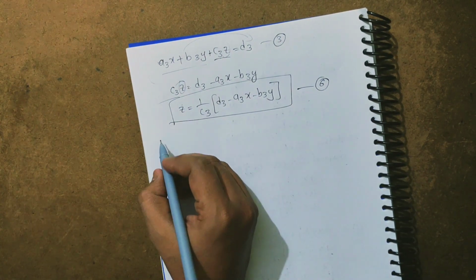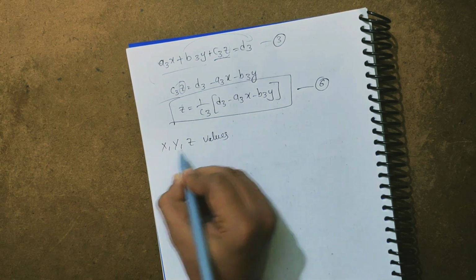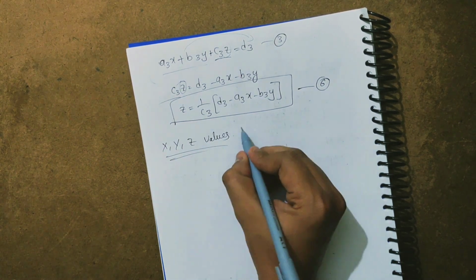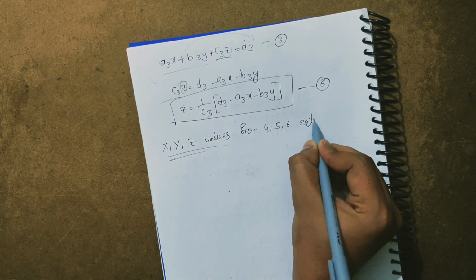So let's write all the x, y, z values which we have taken from 4, 5, 6 equations. Okay.